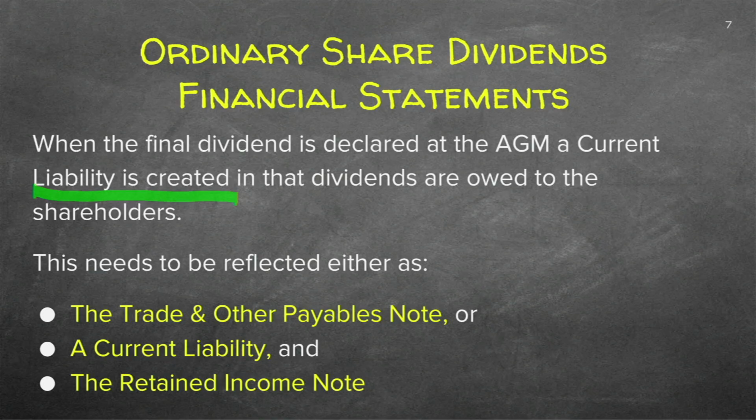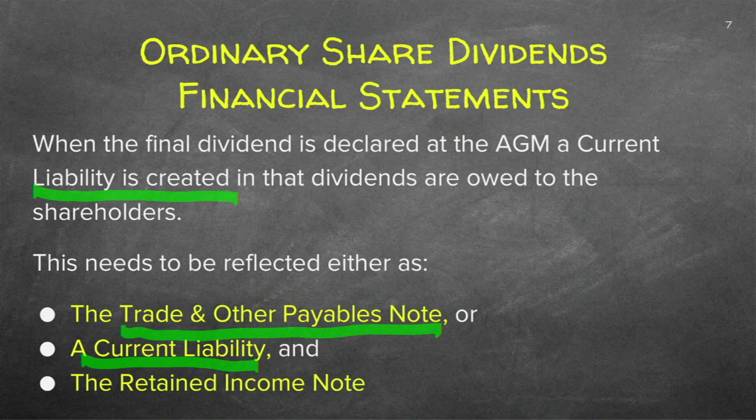And so the first one will be in my trade and other payables note, or alternatively as a current liability. So very much the same as with income tax. If you're asked to show note number 9, trade and other payables, include your shareholders for dividends. If you're asked to show the current liability section of your balance sheet, include it there.